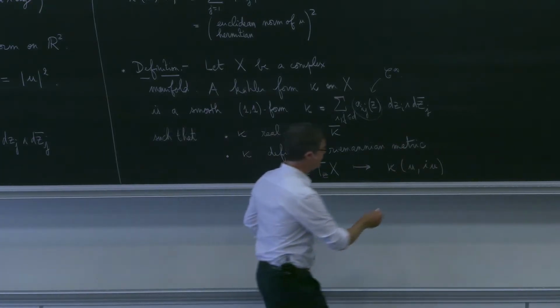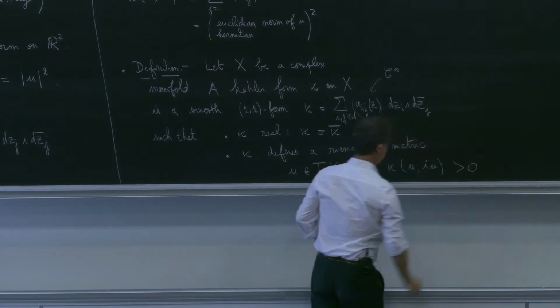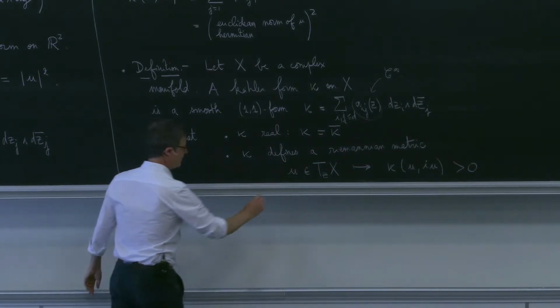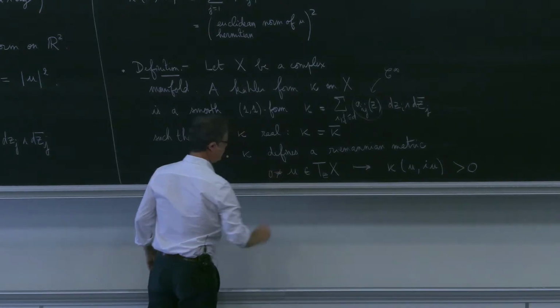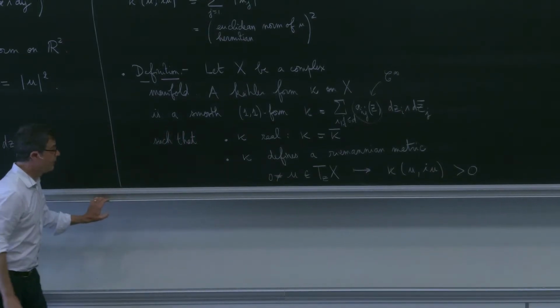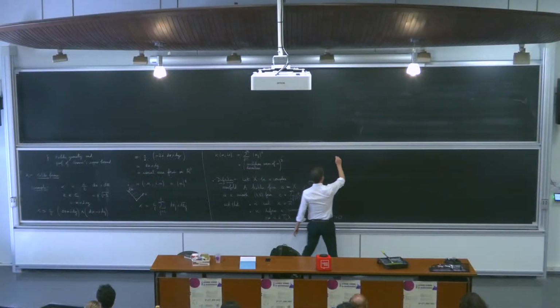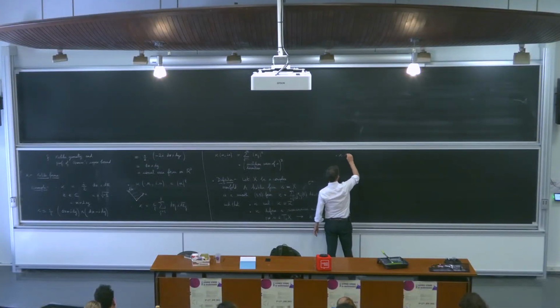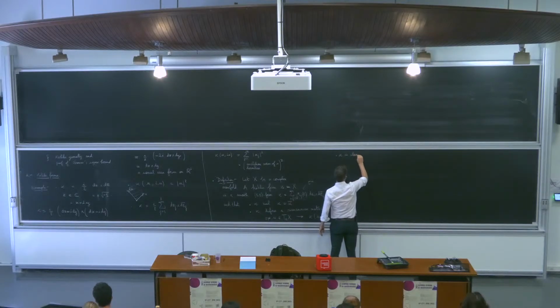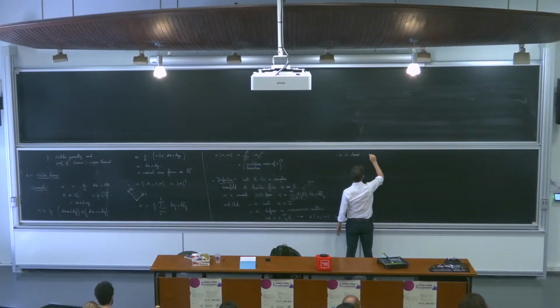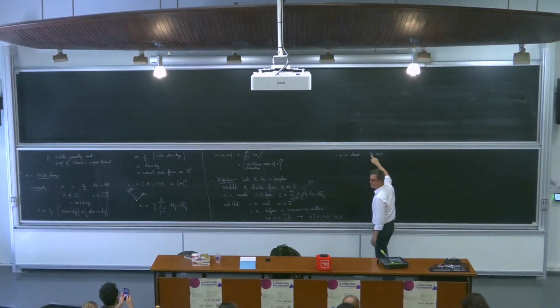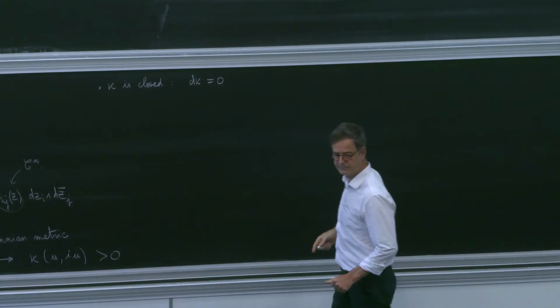So the condition is that this is always positive, except if u is 0. And the third condition is the fact that kappa is closed. So its differential, d kappa, is 0. d here is not the dimension, it's the differential of kappa.